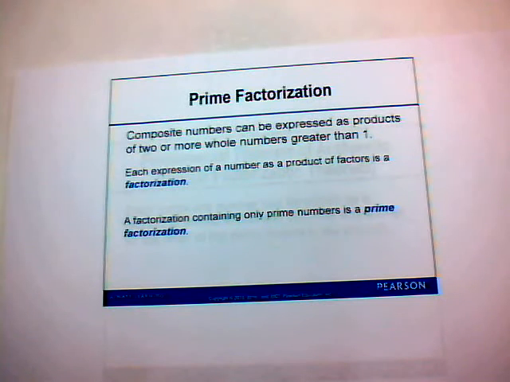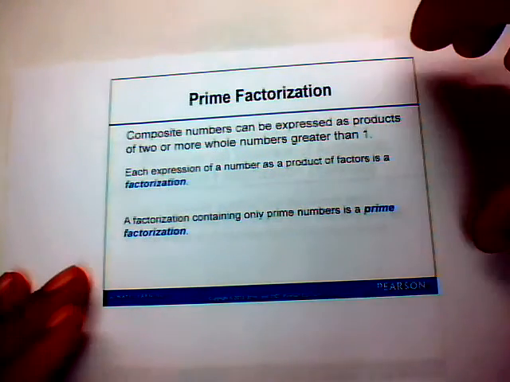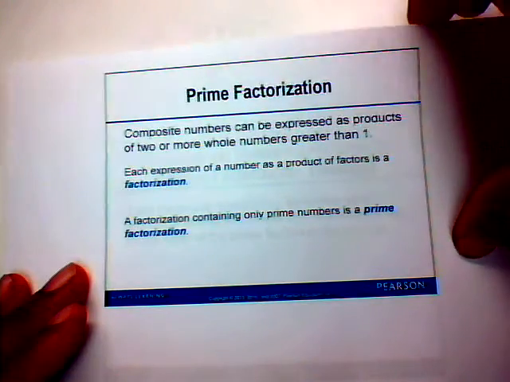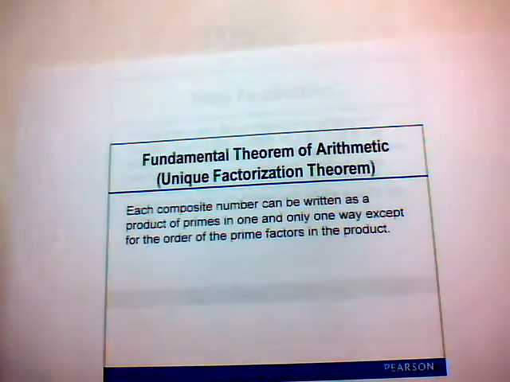Each expression of a number as a product of factors is a factorization. And a factorization containing only prime numbers is a prime factorization. In a prime factorization, all you're going to do is find nothing but a product of prime numbers.